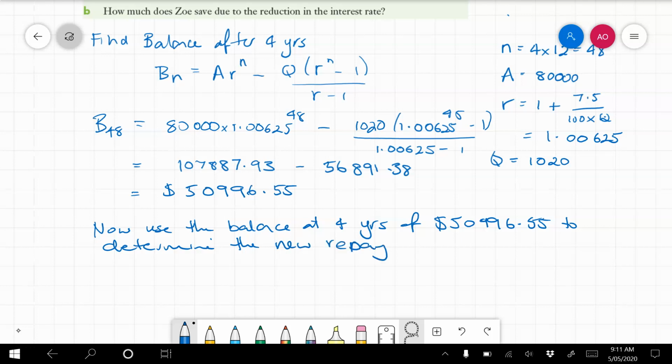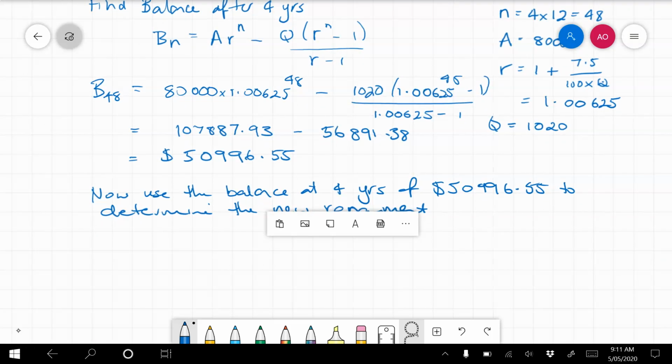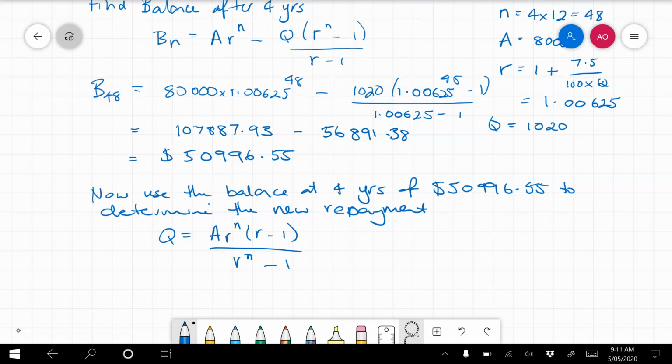The Q formula from the previous chapter is Q equals A R to the N multiplied by R minus 1 over R to the N minus 1.